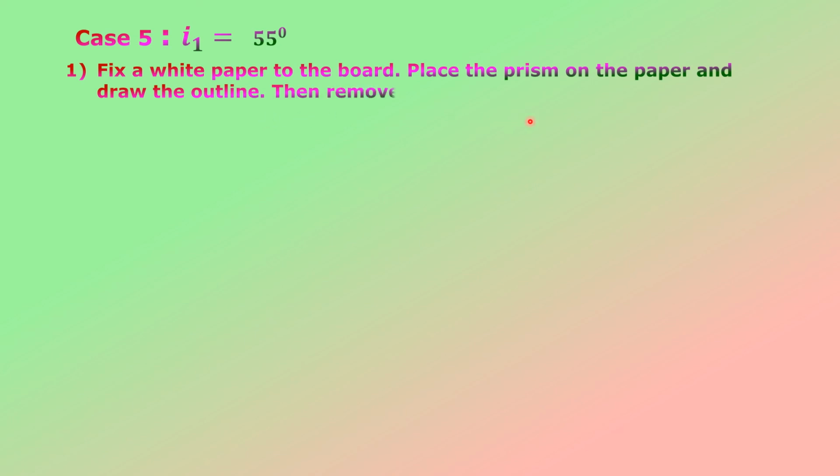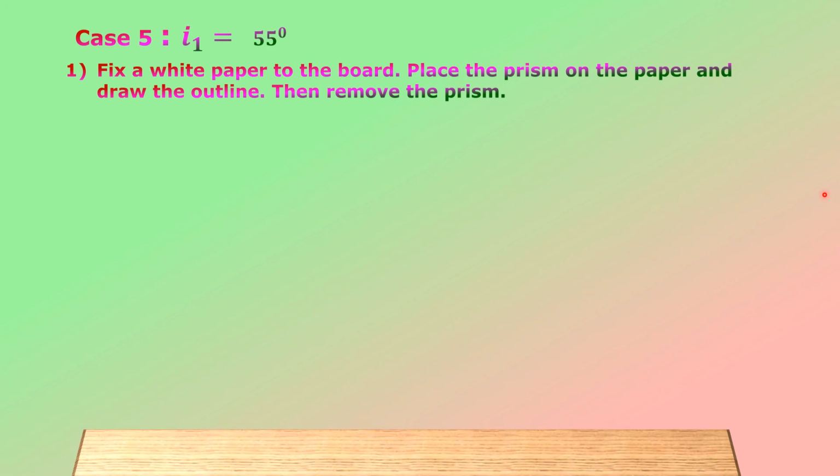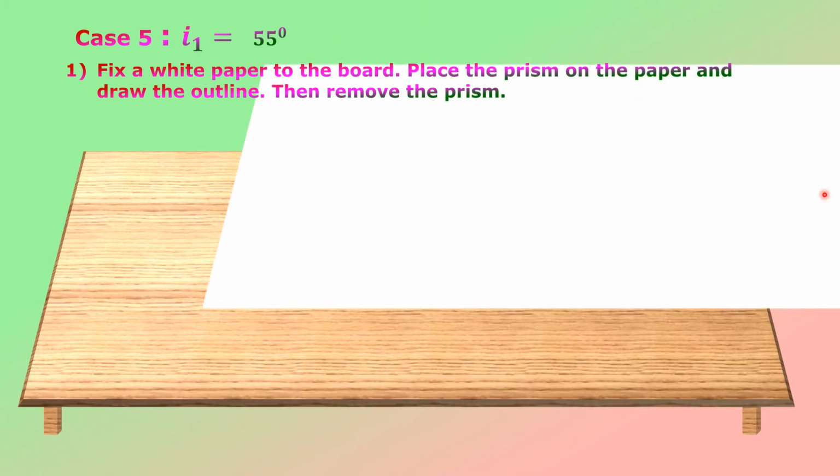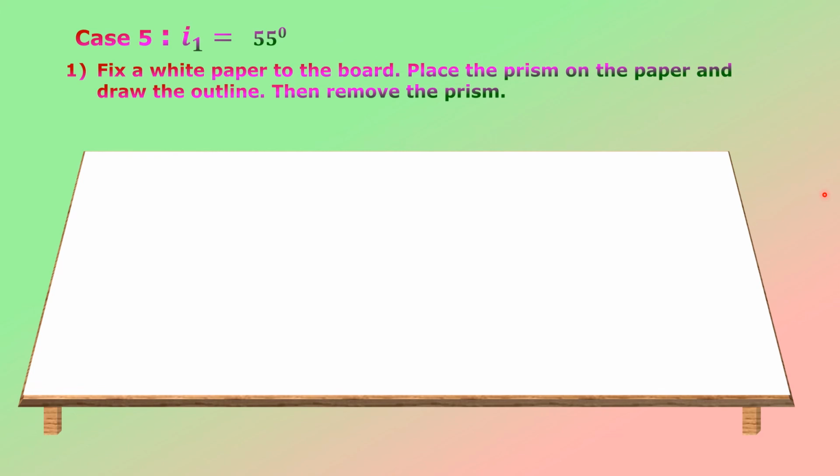Fix a white paper on the board as before. Place the prism on the paper and draw the outline. Later, we have to remove the prism. This is the drawing board. I am fixing a white paper over it using drawing pins.